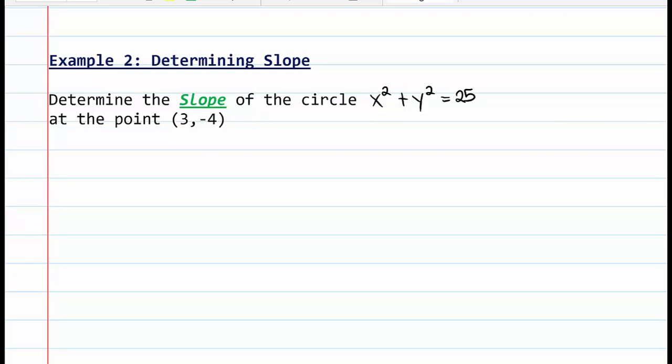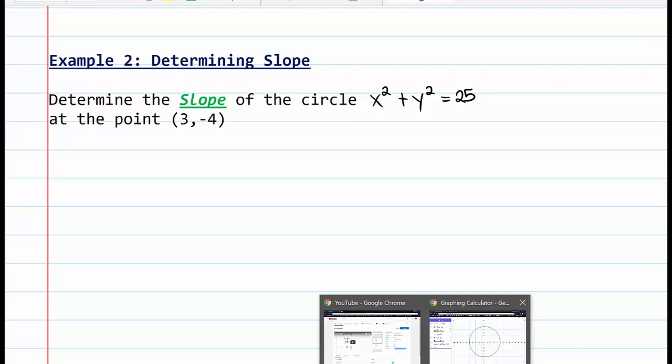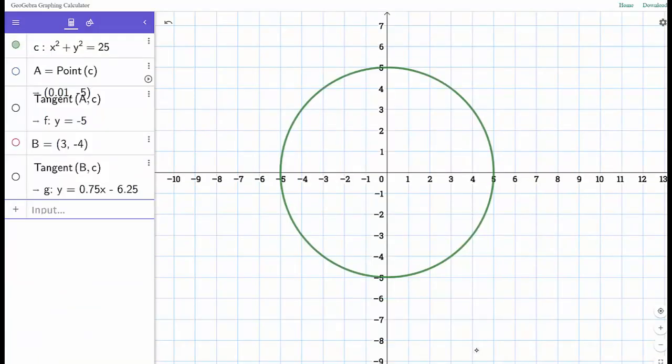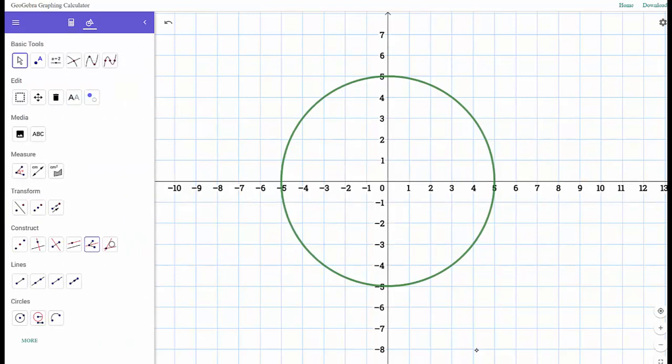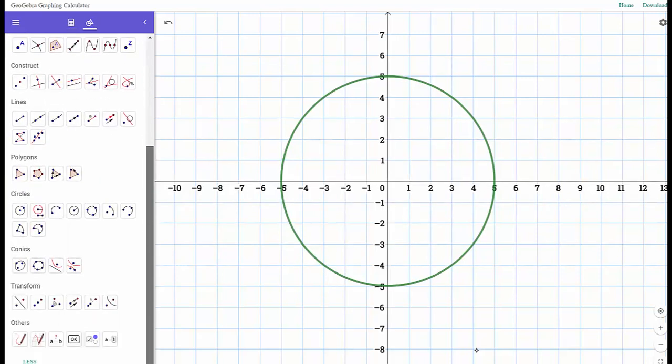So just so we can get a visualization of what is going on here, let's look at this circle with radius 5. And you can see right here that if I were to take a line and draw it straight down, you can see clearly that it does not pass the vertical line test.